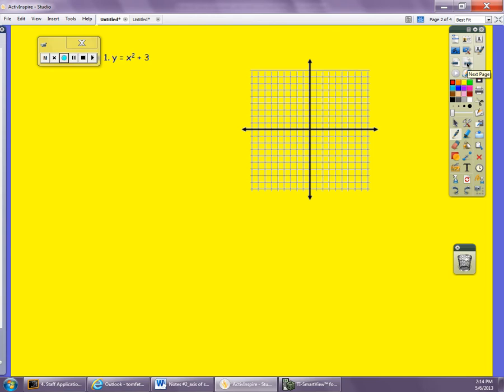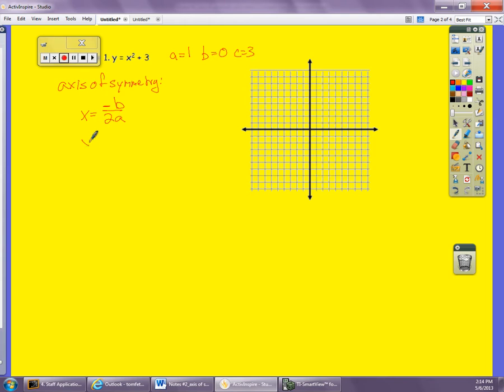To find the axis of symmetry, we have our formula, which is x equals negative b over 2a. If we look at this, we know that a is 1, b is 0, and c is 3, going back to our quadratic formula labeling a, b, and c. So we just plug these values in.